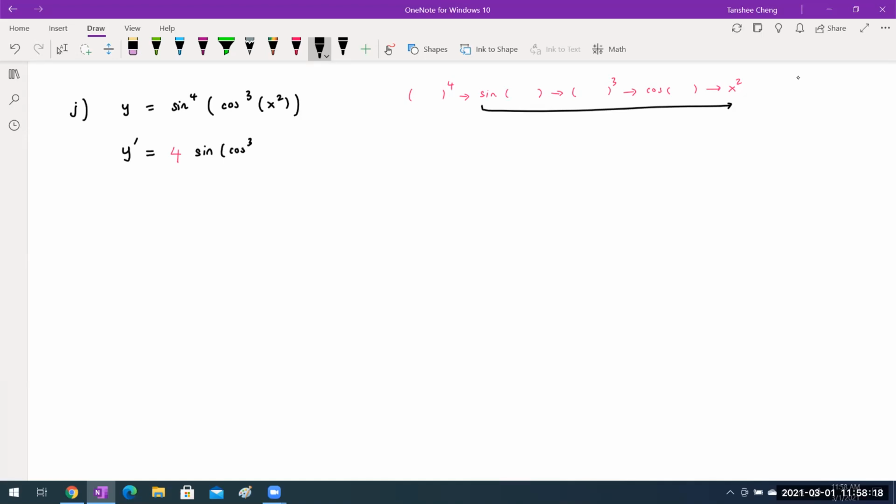Cosine to the third power of x squared. And the power function, when we take the derivative, bring down the power and minus 1, so it will be sine to the third power now.